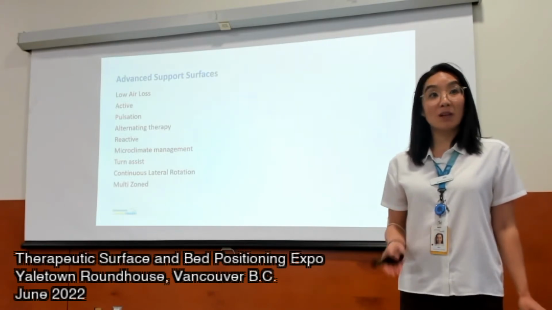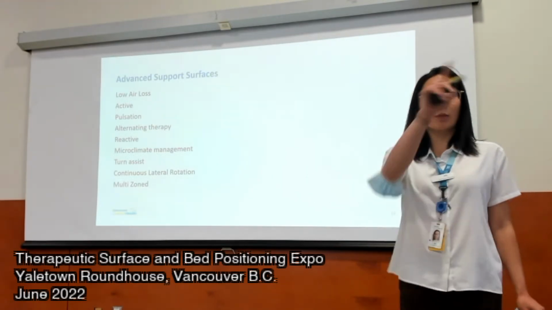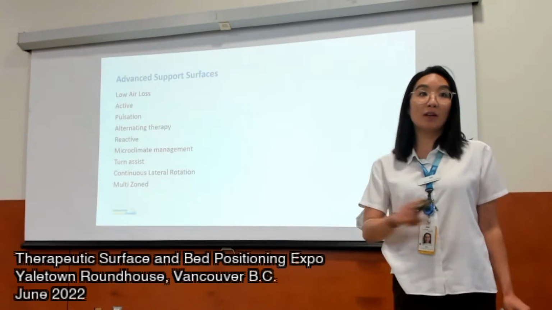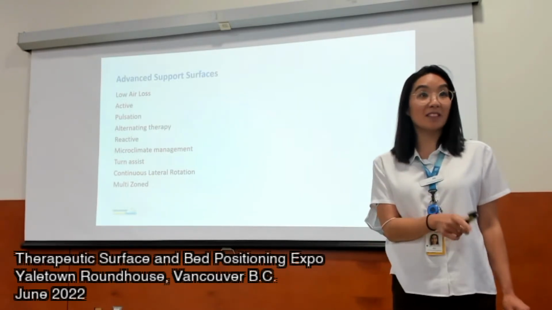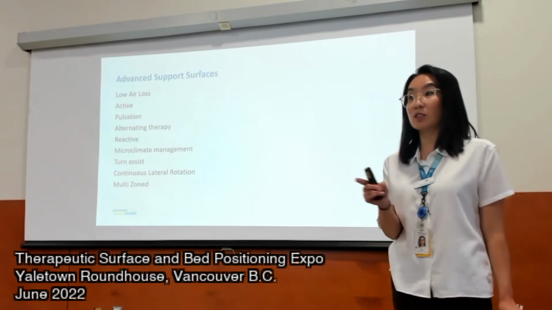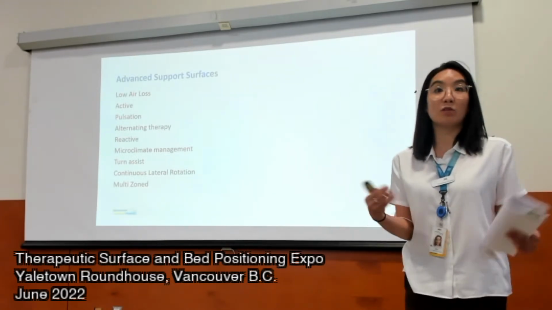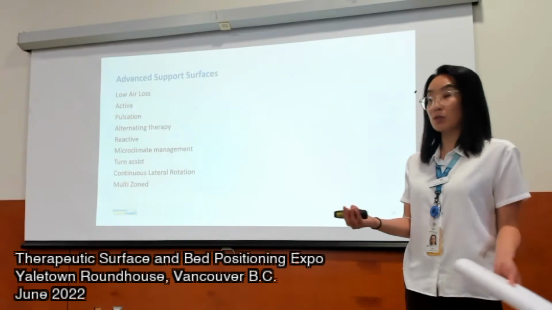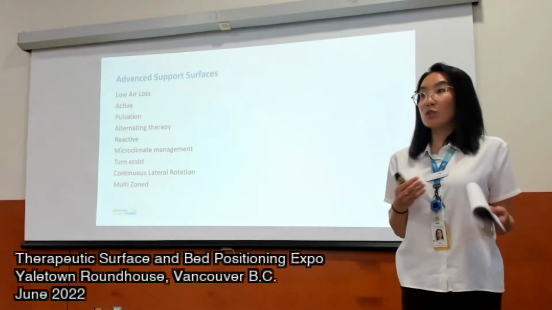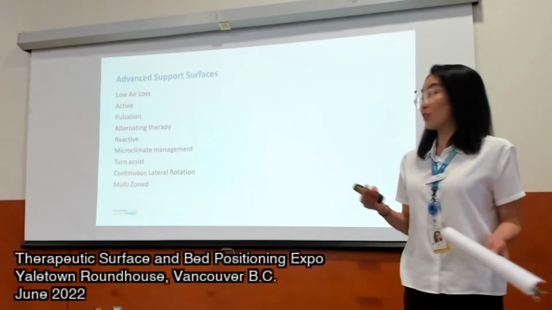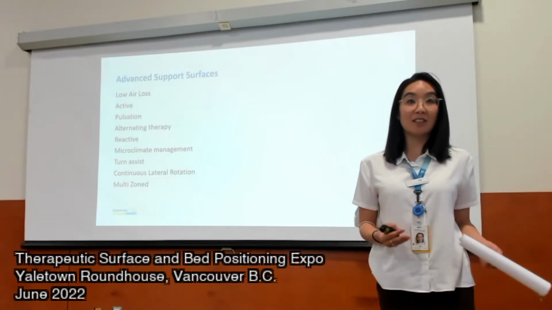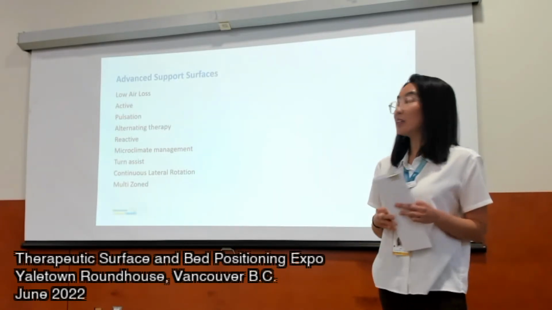You are not expected to be experts in the product, that's what everybody else here is for, but you are expected to be experts in your resident and know what that resident needs. Then just translate all that information to your vendor, who will be able to suggest the best product. Remember that there is no final right or wrong answer for any situation, and it often takes a bit of trial and error.